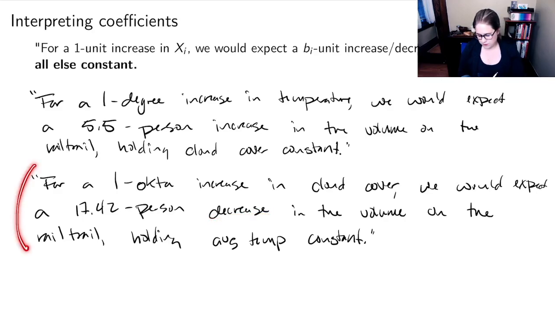And for this one, what we're saying is if you had the same temperature day, so 2 different 60-degree days, one that has more cloud cover, we'd expect to see fewer people on the rail trail. And that makes sense too. If it's a cloudy day, there's probably going to be less people out biking, even if the temperature is the same. So those are the coefficient interpretations.